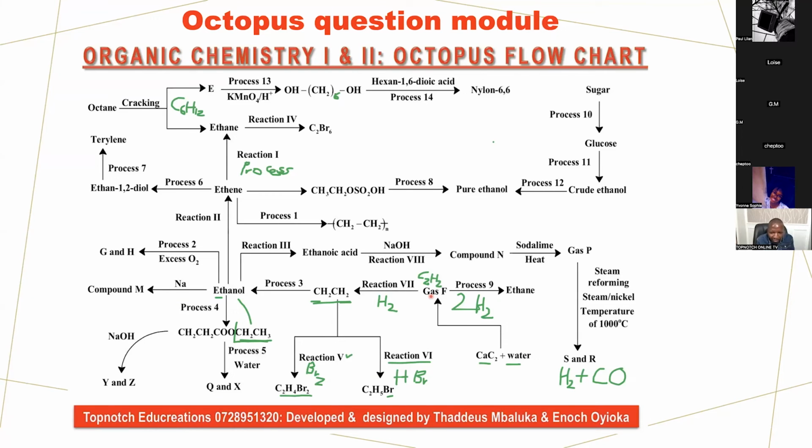Butane, pentane? Listen, the fourth member is pentyne because the first member is ethyne, the second is propyne, the third is butyne, the fourth is pentyne. That is the trick that most of you don't get. You can screenshot those answers. I think we have already passed through them.